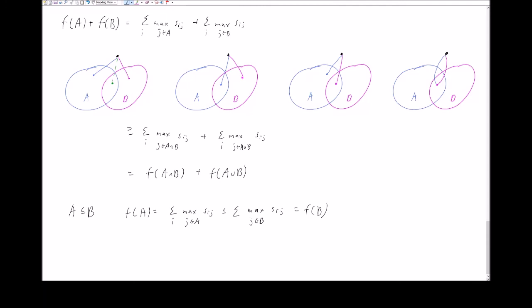To prove this is submodular, we use the first definition. And generally, this is the definition we're going to use when proving a function is submodular. The way we go about it is first writing one side of that equation, that is, the function evaluated at A plus the function evaluated at B, which we've written here. Then we expand out what exactly this function is.